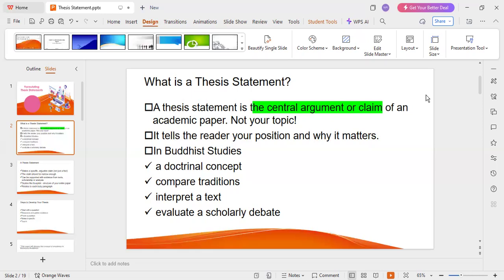And also, if you are engaging in a comparative study, then using your thesis statement, you can compare and contrast traditions, different schools of thought. For instance, you can show the difference between the Theravada tradition and the Mahayana tradition.